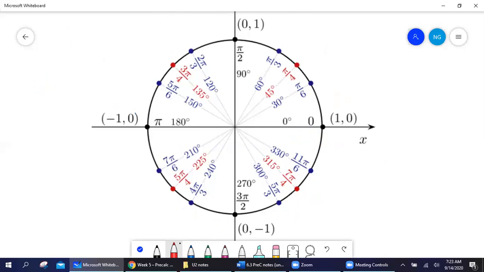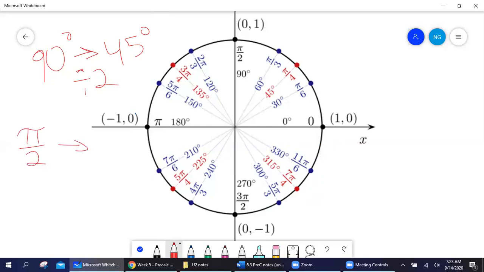So every 45 is pi over 4, which again, if I know that 90 degrees down to 45 degrees, well, that's divide by 2. Then to go from 90 degrees in radians, pi over 2, I would divide by 2. Pi over 2 divided by 2 is pi over 4.